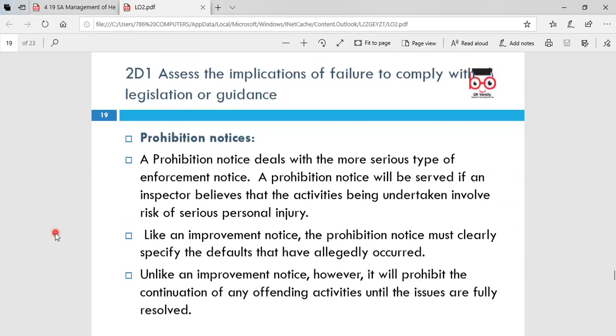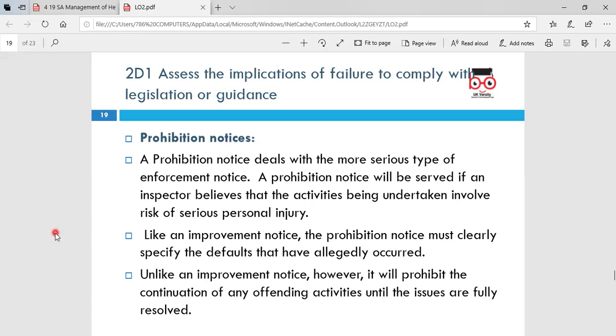Then you have prohibition notices. Improvement is different, prohibition is different. These prohibition notices deal with a more serious type of enforcement notice. This notice will be served if an inspector believes that the activities being undertaken involve the risk of serious personal injury.